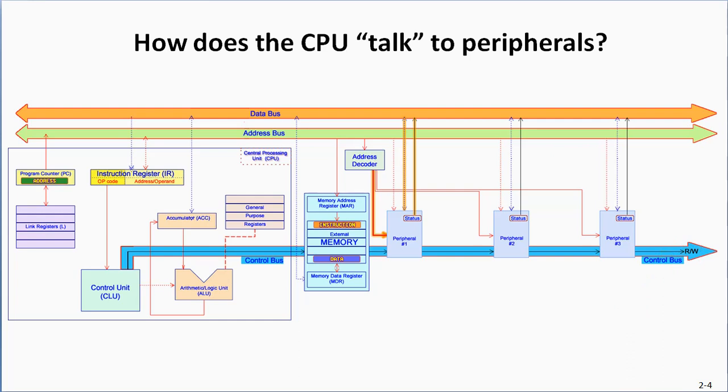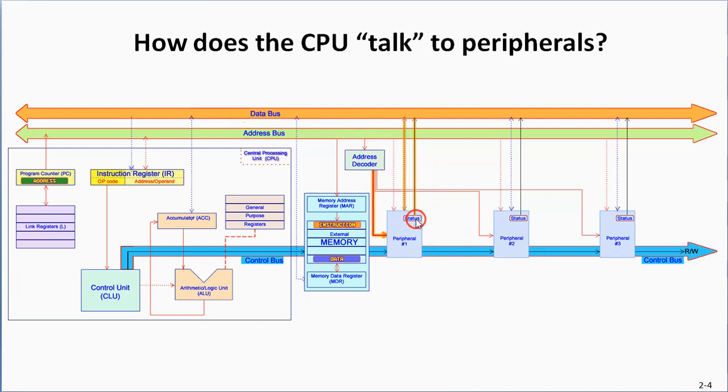Now let's turn specifically to the input-output issue and how the CPU talks to peripherals. One way that a peripheral is accessed is by placing its address, the one that is allocated with a particular peripheral, on the address bus, right here.